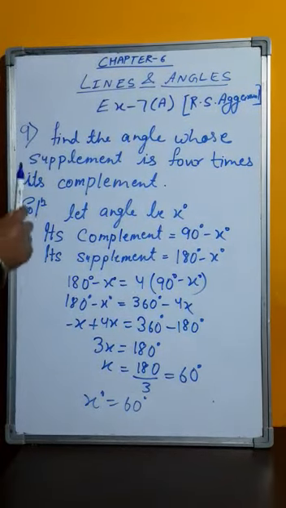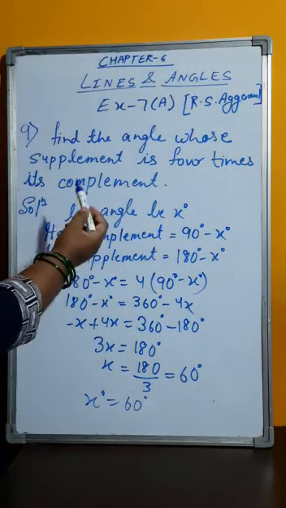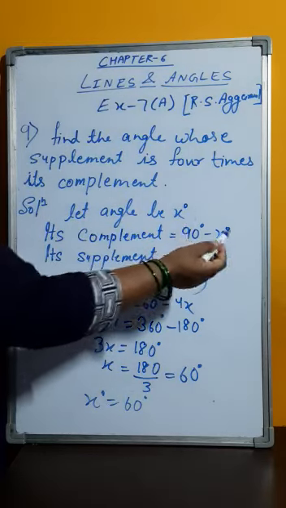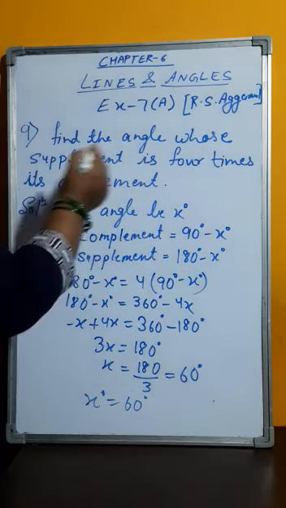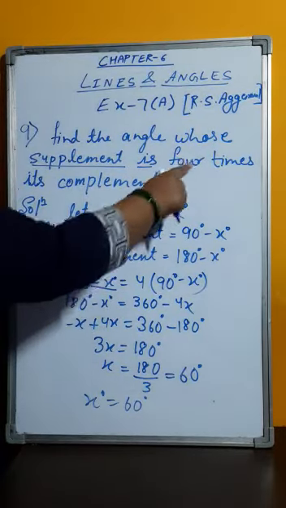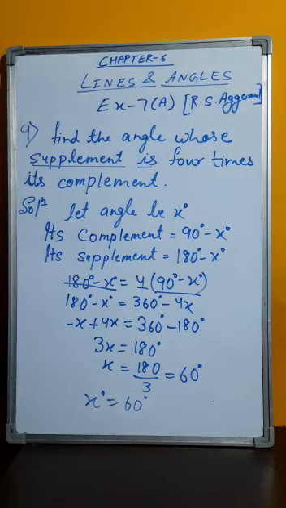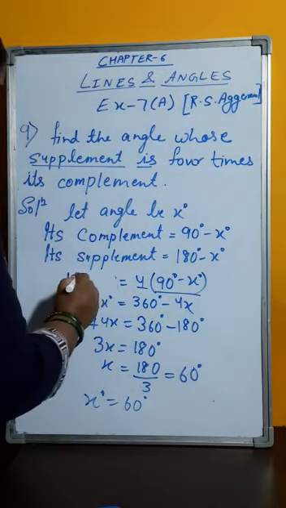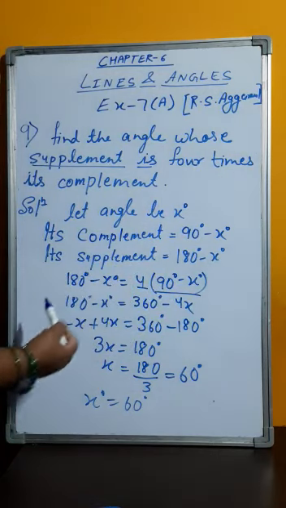Question number 9 says, find the angle whose supplement is 4 times its complement. So we have assumed first, let the angle be x, then clearly its complement will be 90 minus x, and its supplement is 180 minus x. According to the question, the supplement is 4 times its complement. So we have 180 minus x, which is the supplement of the angle, is 4 times its complement.